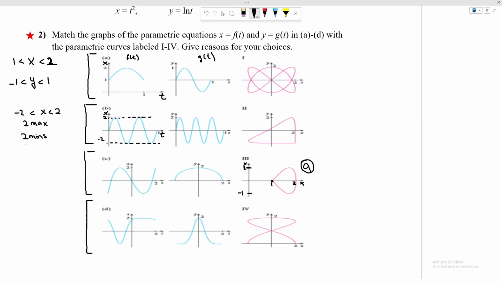Also, it starts at 0, right? Starts at 0, and it ends at 0. Okay? And so that is my x characteristics. Now my y characteristics, by the way. Keep this at 0.